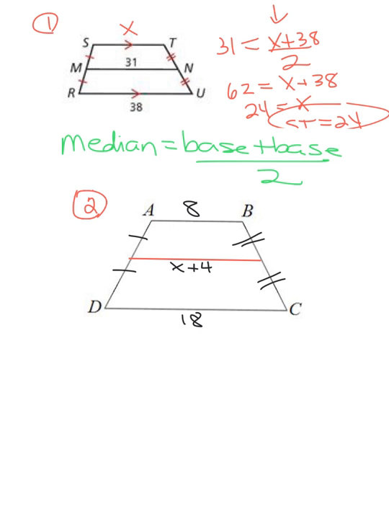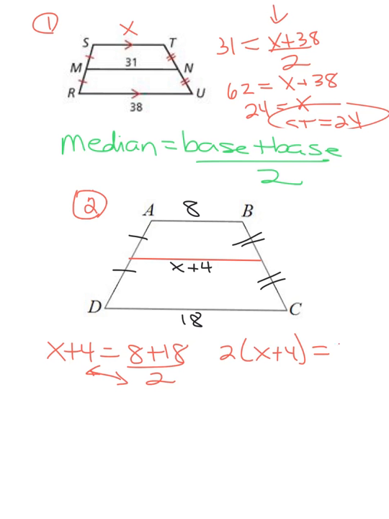Let's take a look at number 2. So my median has a value of X plus 4, and my bases are 8 and 18. So I'm going to have to divide them by 2 to find the measurement of the median. So again, I can cross multiply. Now when I do this, I'm going to take 2 times the quantity of X plus 4, and I know that equals 8 plus 18, which gives me 26.